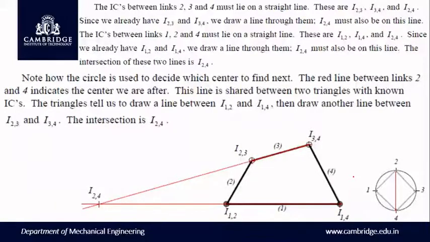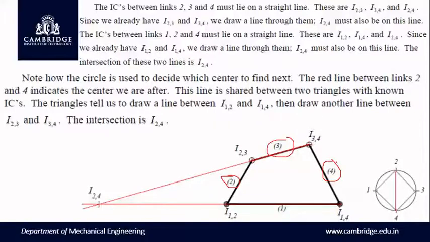The ICs of links 2, 3 and 4 must lie in a straight line, because link 2, link 3 and link 4 are the 3 bodies having relative motion to each other. According to Kennedy's rule, if 3 bodies have relative motion to each other, their ICs must lie on a straight line.